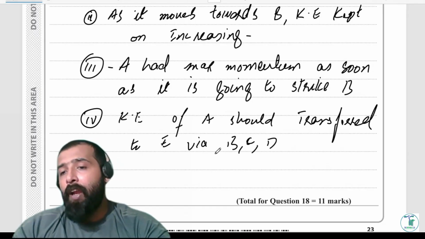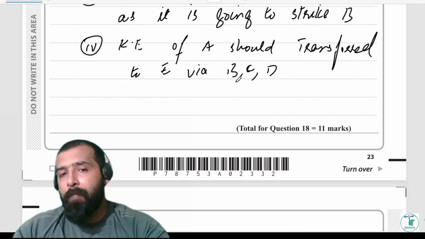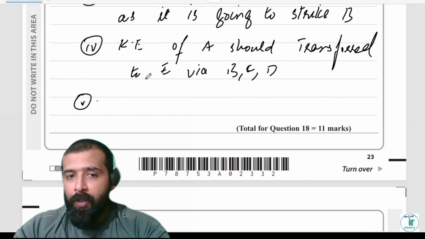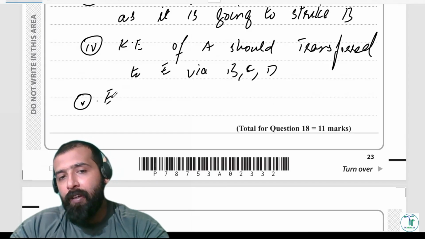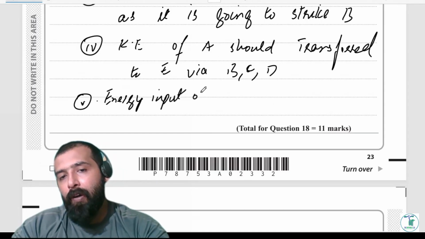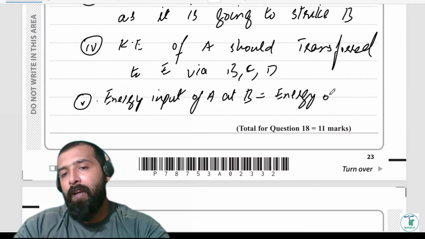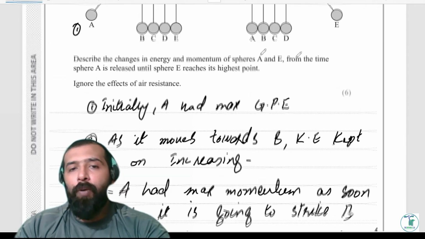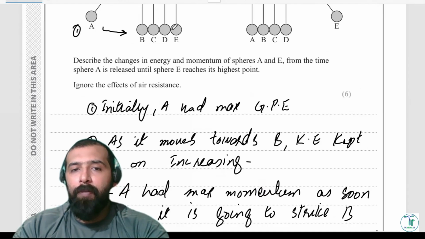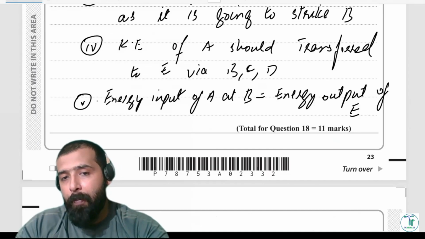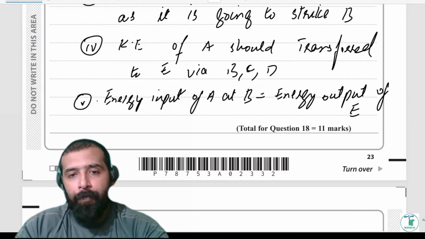And now you write down two very important lines: since energy is being conserved, the energy input of A at B should be equal to the energy output of E, right? Whatever energy you have transferred from A here, that must be the same energy when D is going to make E pop away.